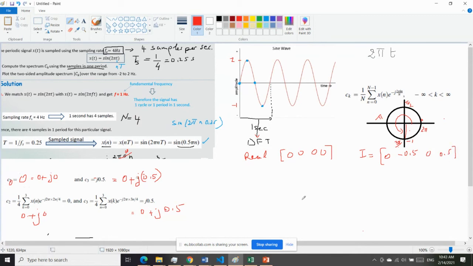Okay, and you do two plots. But remember we said that usually what we do is compute the magnitude and the phase and plot the magnitude and the phase. So how do we compute the magnitude? It is the square root of the real part squared plus the imaginary part squared.